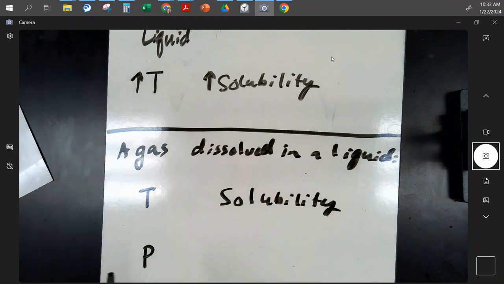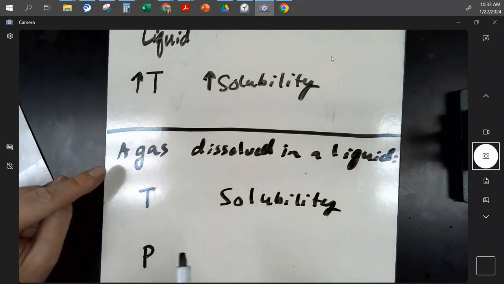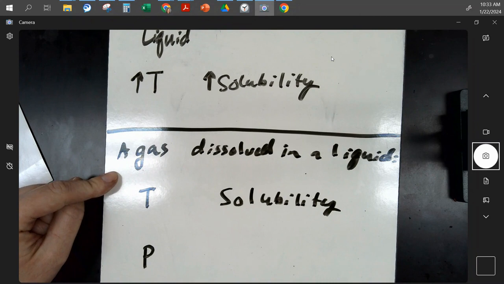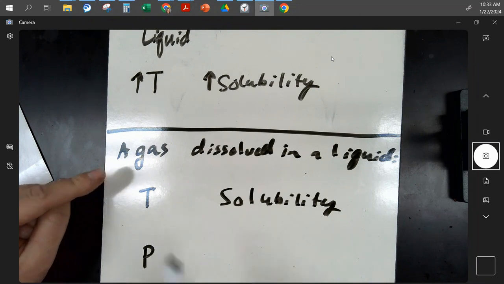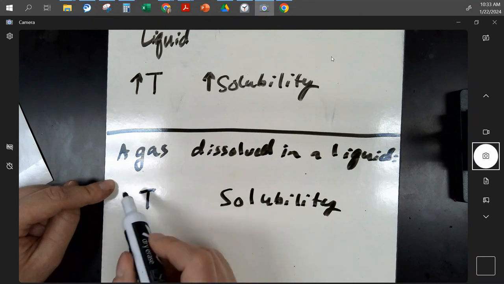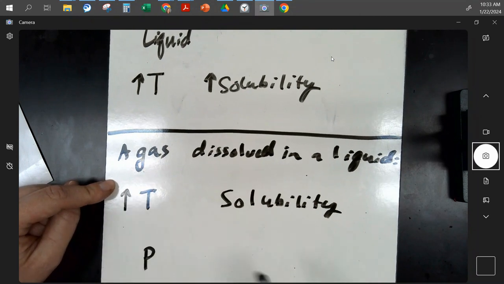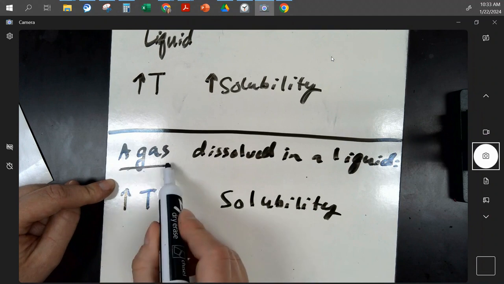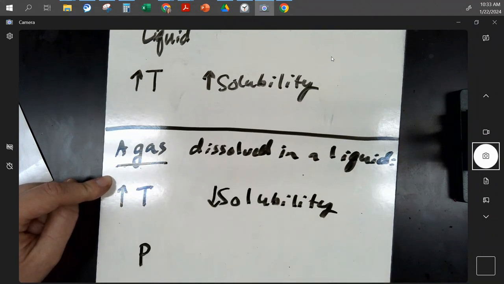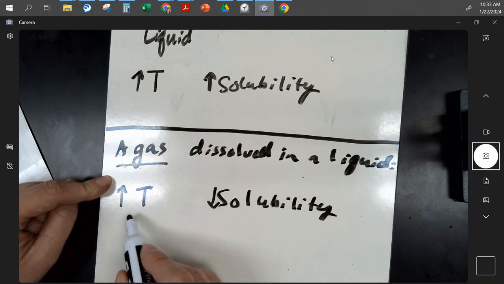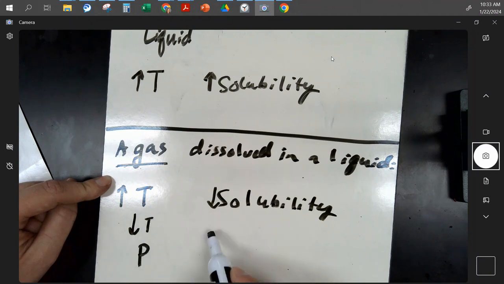So this one is opposite for a gas. Gases dissolve better in cold liquids. So if our temperature increases, then the solubility of a gas will decrease. Okay. If you decrease the temperature, then you'll increase the solubility.